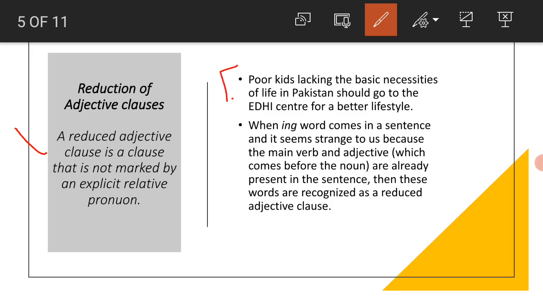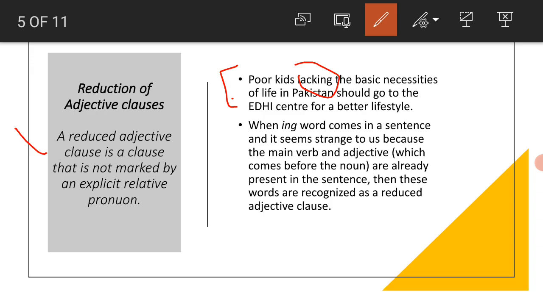Look at this sentence: Poor kids lacking the basic necessities of life in Pakistan should go to the ED center for a better lifestyle. Now here, the word lacking. Can you identify its function, like how the word lacking is acting in this particular sentence?